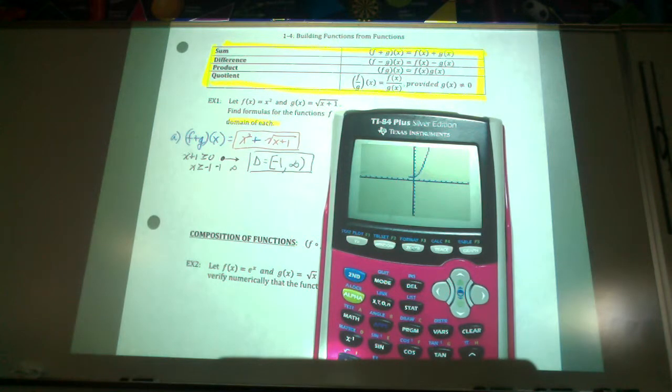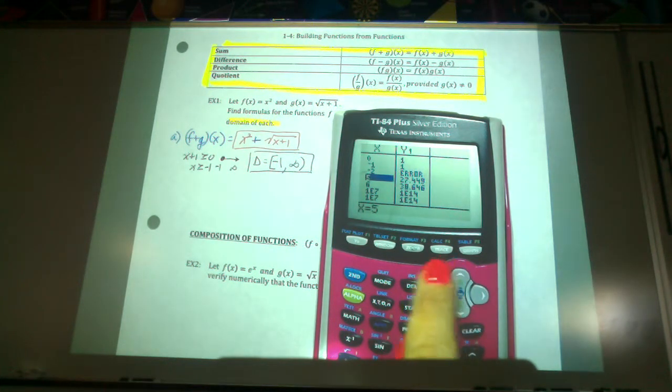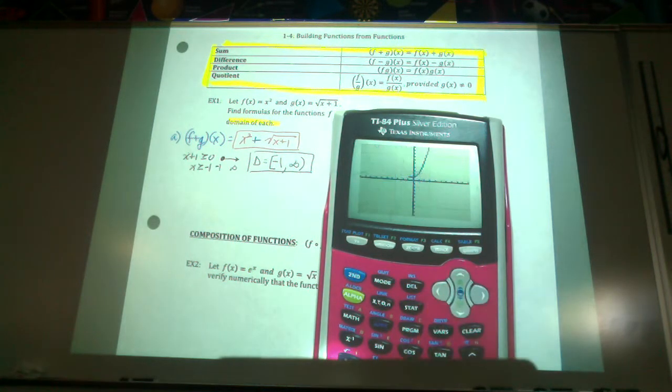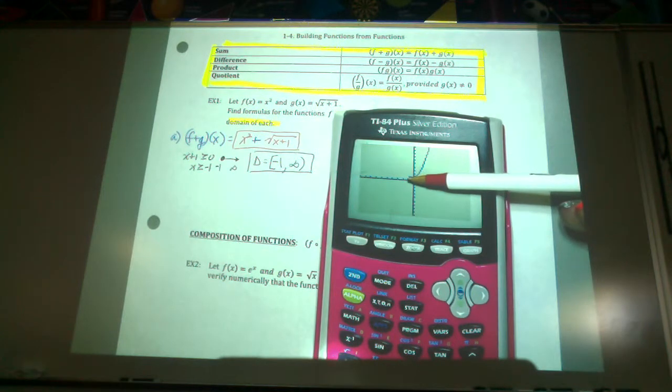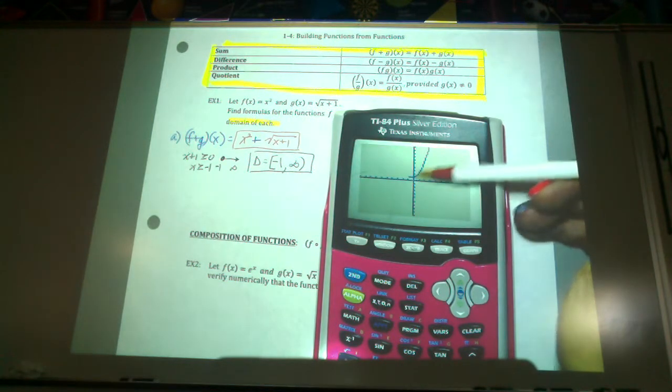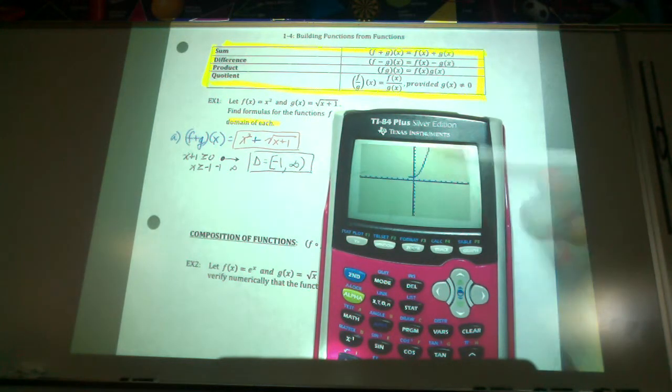And if you're not sure, you can go to your table, second graph, and if I put in 0, I get 1. If I put in negative 1, I get a value. And if I put in negative 2, all of a sudden I get an error. That's to the left of negative 1. So definitely it's not an asymptote, because with an asymptote, negative 1 would not count. It's not a hole, because if it were a hole, negative 1 would not count. So here's the x squared part making that curve up.